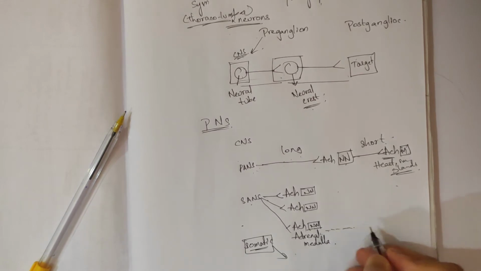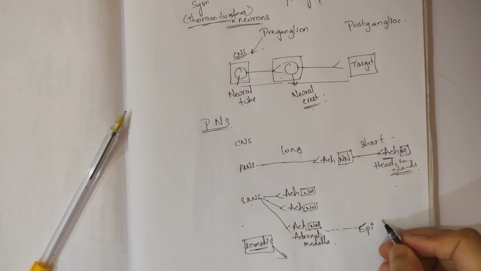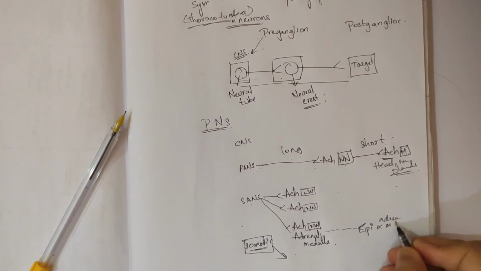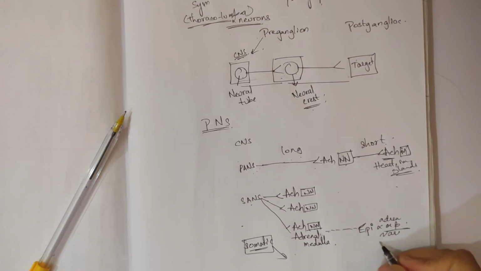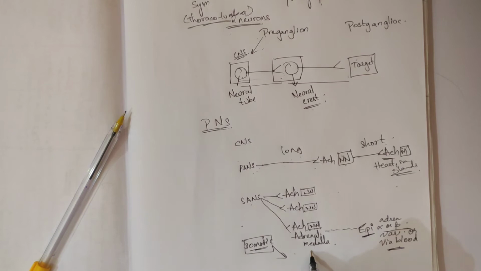For the formation and produces epinephrine. And also the receptors here are adrenergic. Adrenergic means that it will be alpha or beta, and these innervate the various organs via blood. Epinephrine via blood, that is adrenal medulla.